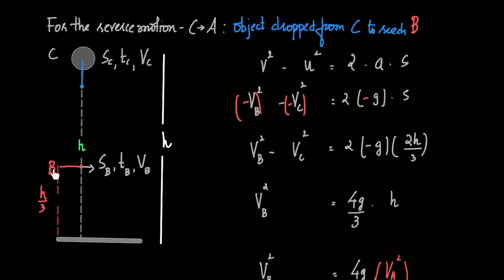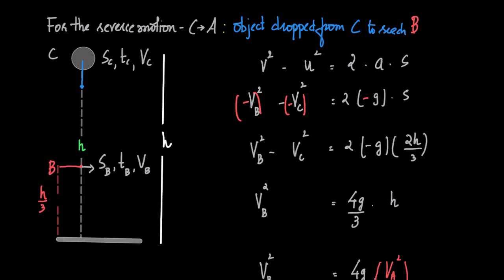B is at a height h by 3 from the ground and not from the maximum height. I do understand that this is where most of us have gone wrong, right? Pretty obvious. I think I got myself corrected here in my 4th or 5th attempt, and even then I had to make mistakes in the coming calculations. So that's more than okay. Just don't be disappointed by that. It's pretty common to do so.